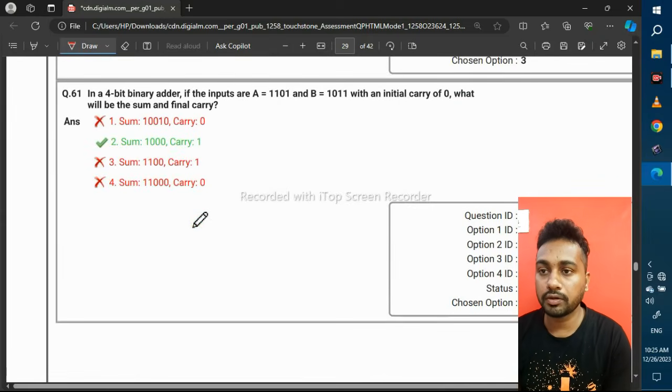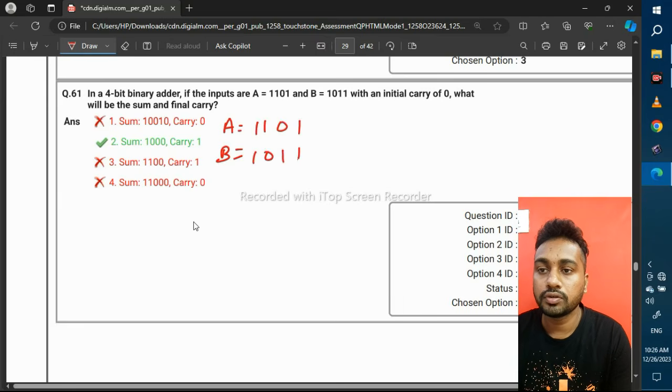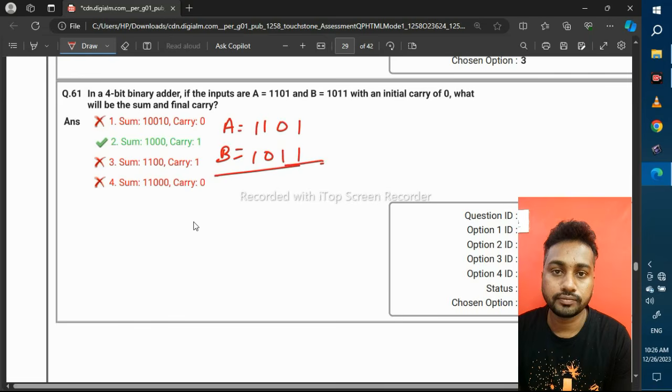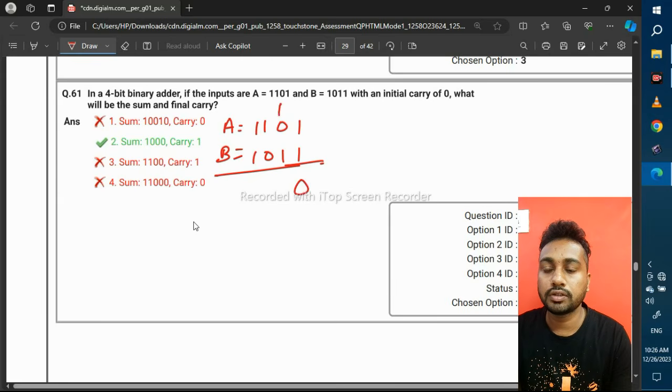Here so many people got confused and I got comments also regarding this. This is simple, we only need to do simple addition. We need to add 0 1 and 1 0 1 1. So how to add 1 and 1? Binary addition. 1 plus 1 means 10, so it is 0, carry is 1. Again 1 plus 1 is 10, 0, carry is 1.